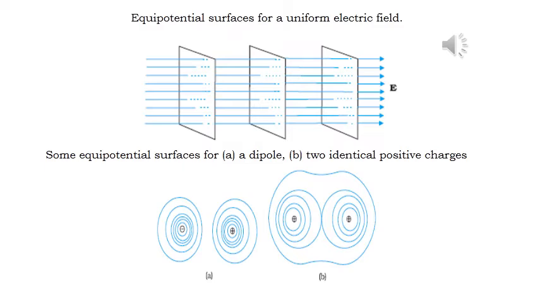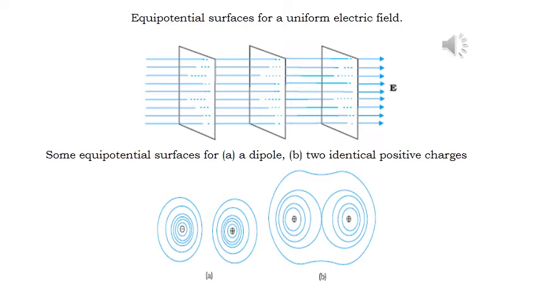If we look at the first figure, all field lines are parallel. What is the meaning? The source charge is at an infinitely large distance from these three surfaces. So each of the three surfaces is an equipotential surface, but at the same time, in the direction of the electric field line, the potential decreases.